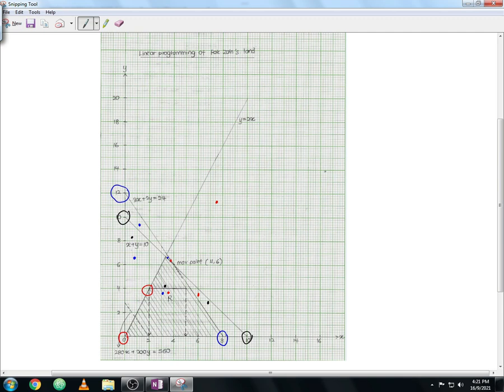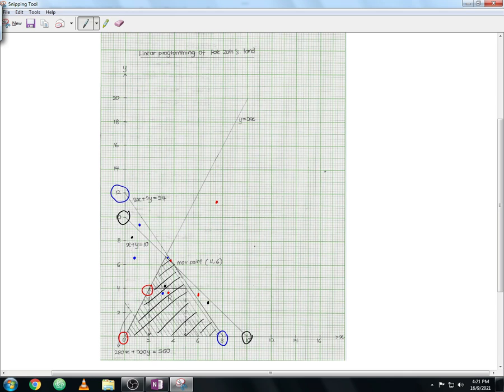Start from here, and there is a small polygon forming over here. So you just make a shade over here. This is how your inequality should look like. For question part B, I hope I made myself clear about this.